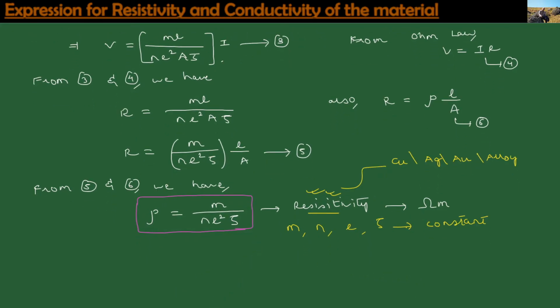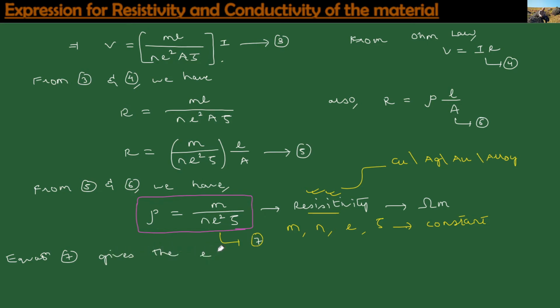So this is equation 7, which gives the expression for resistivity.